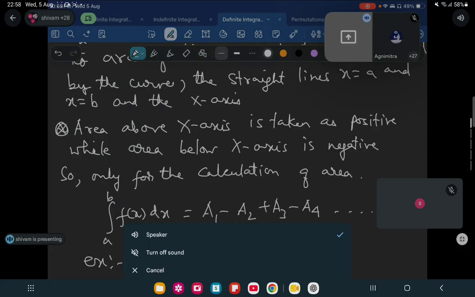Wait, let me see, this will be minus. Okay, this will give us the actual area.